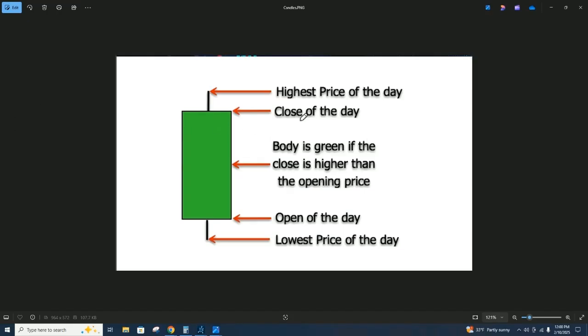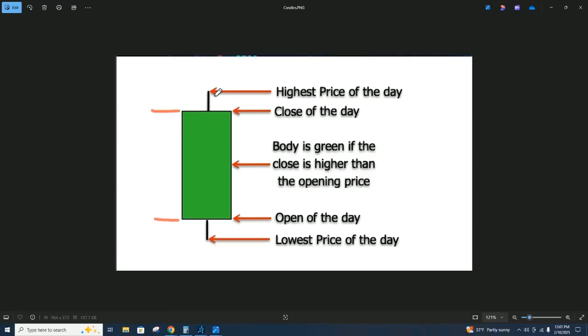So when you see a green candle, what does that mean? That means the open of the day was at the bottom of the body of the candle. We're not talking about these wicks or shadows, however you like to call them. The green candle means that the stock opened up here and closed here.